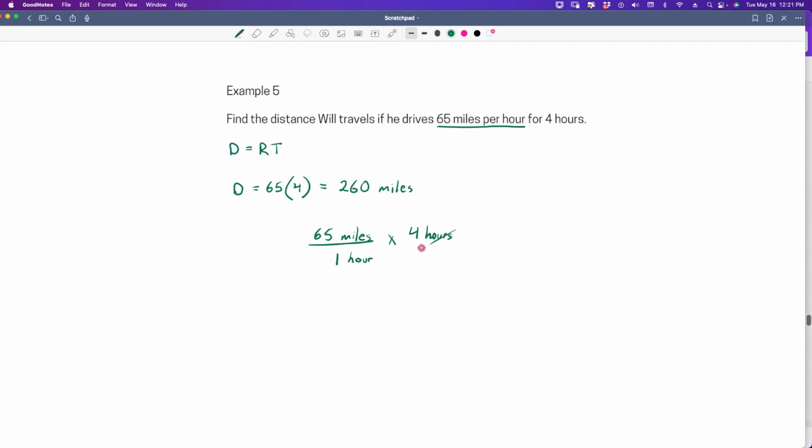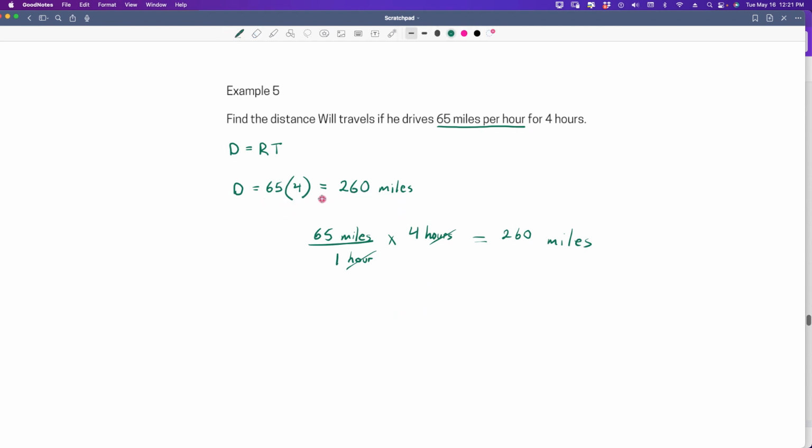Well, hours in the numerator and in the denominator would cancel. So that would leave you with 65 times 4, which would be 260 over 1. And our unit of measure that remains is miles. We know that anything over 1 is a whole number. So we can just erase that, and the answer is still the same, 260 miles.